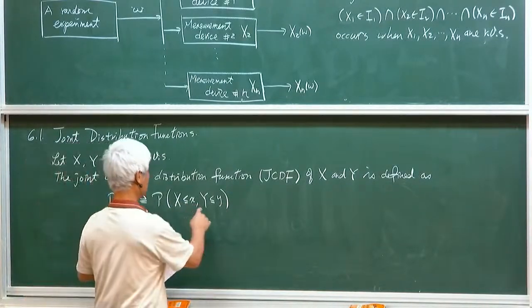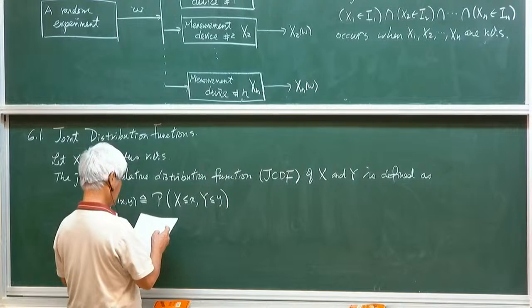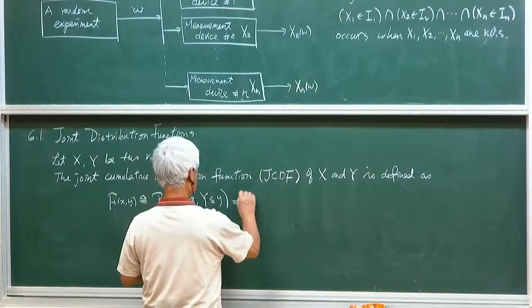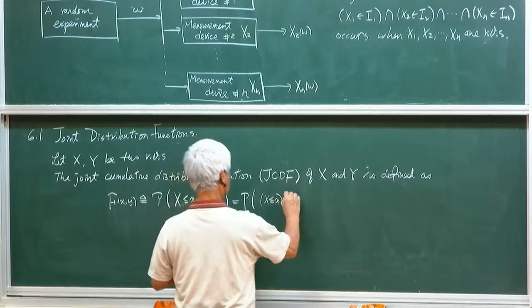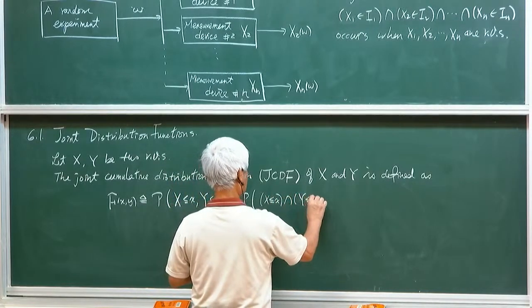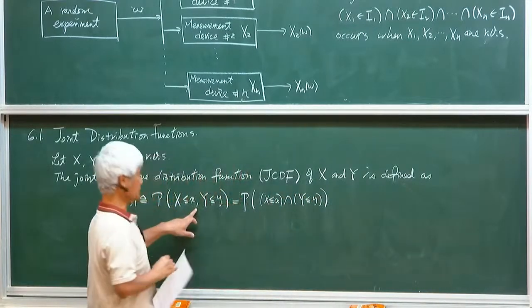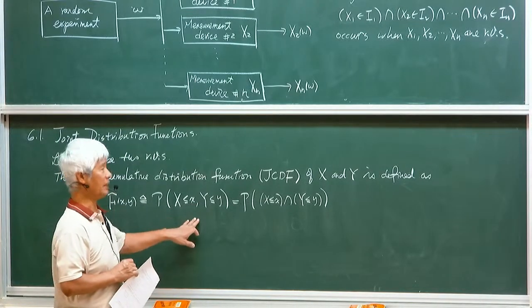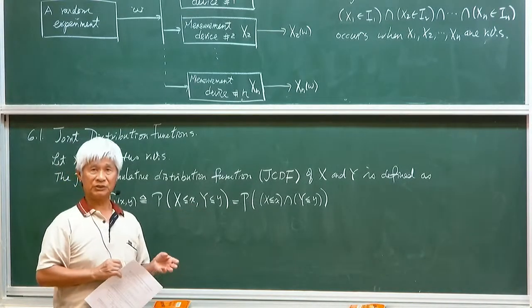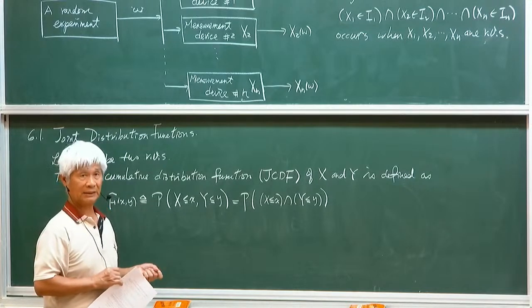Okay, the way we write it is actually the probability that x intersects. Okay, so the comma usually means intersection, which describes that these two events should occur simultaneously.